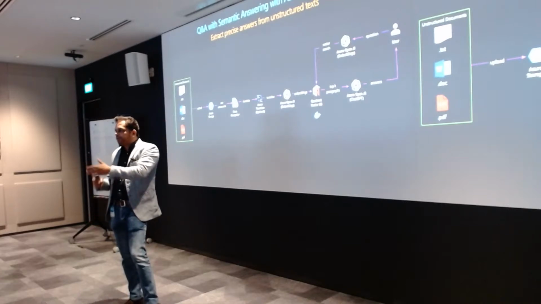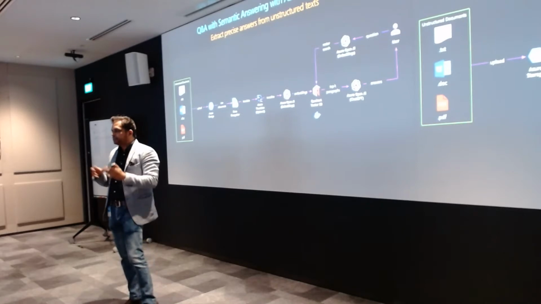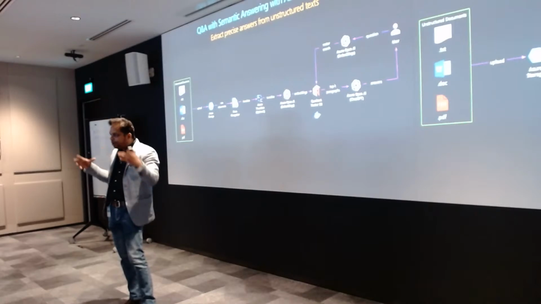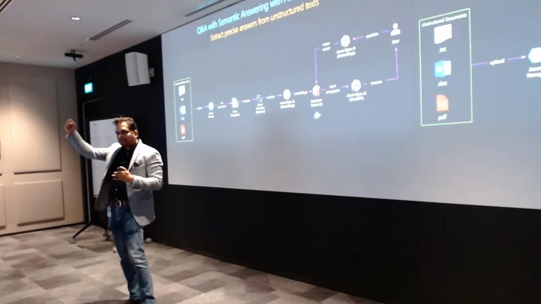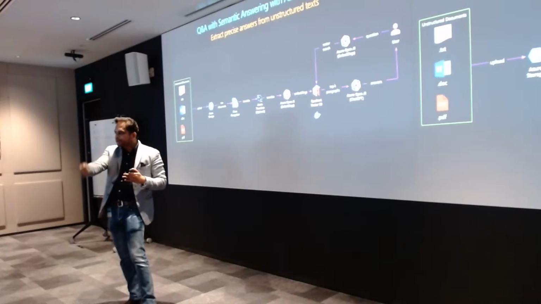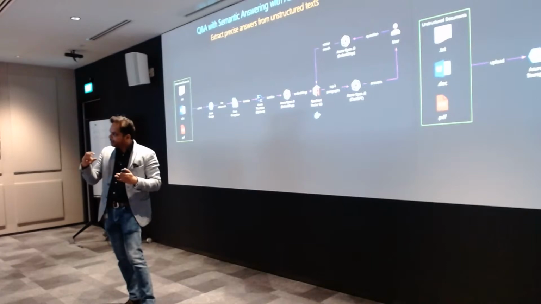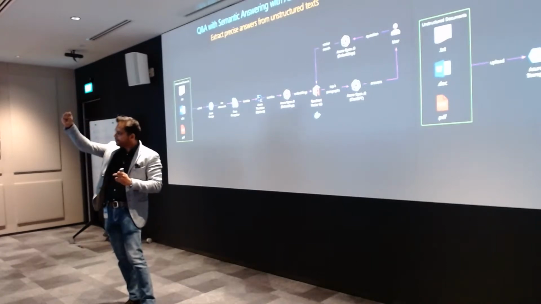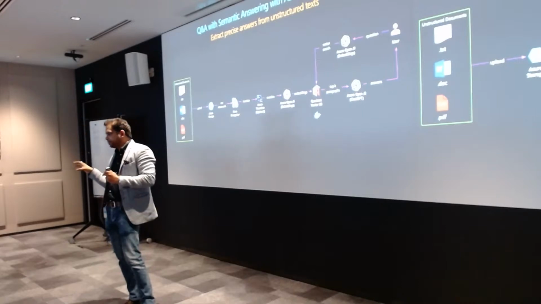The cool thing about embeddings is that it understands the context. It stores the meaning of the word in vector space. So when I ask a query, it converts my query into embeddings and finds the very similar meaning in the vector space, and then gives you that answer.